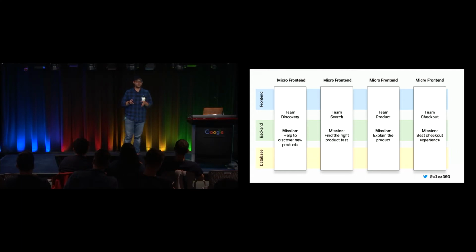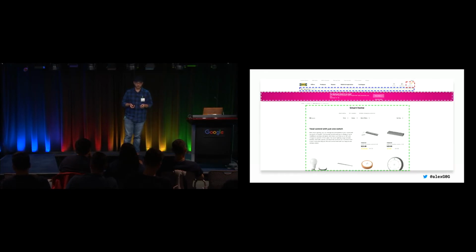And they're working on a real problem, not just technical feasibility, but also focusing on the actual mission, whether it's helping a customer to discover new products or providing the fastest way to find a product. With this focus, we see a really strong shift into something that we can utilize. And that is known as micro frontends.